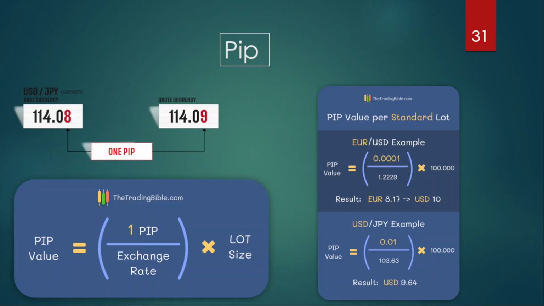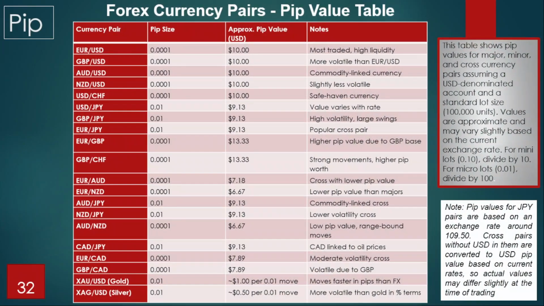There are different pip values for JPY pairs and for pairs without JPY. For pairs with JPY, it's 0.01, and for pairs without JPY it's 0.0001. So this is the table that shows you the pip value for each and every currency pair.